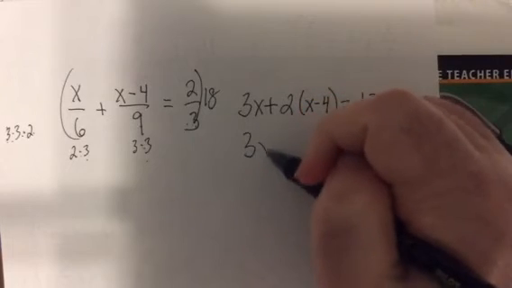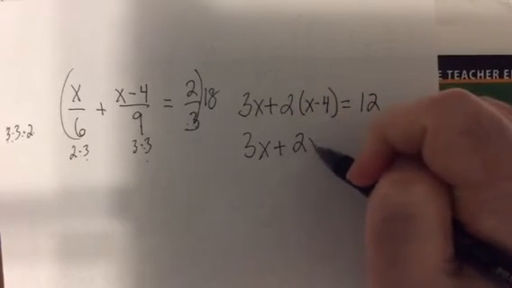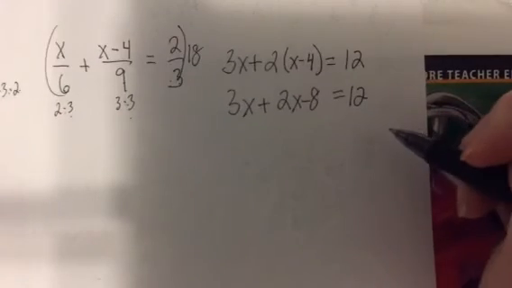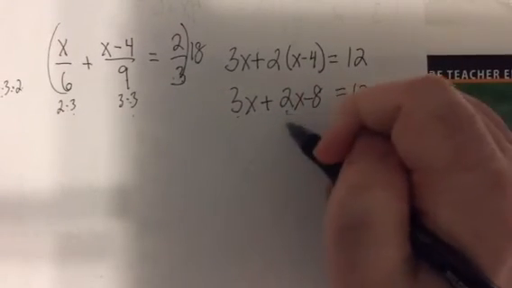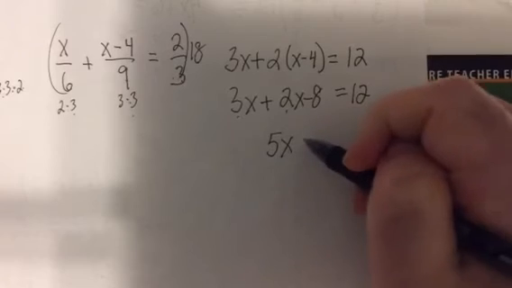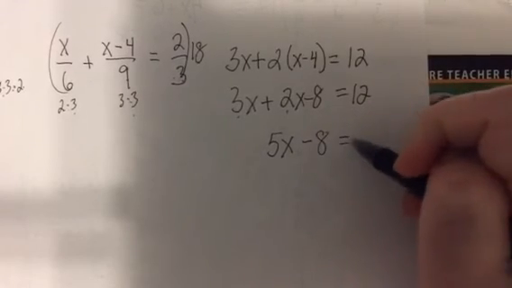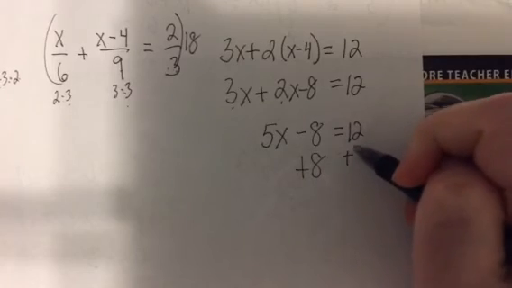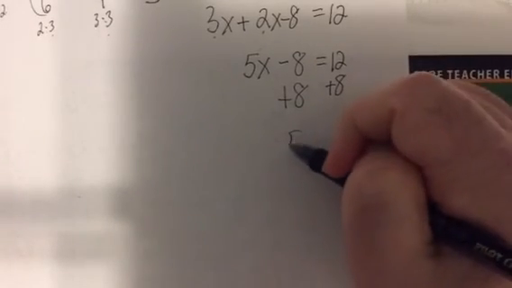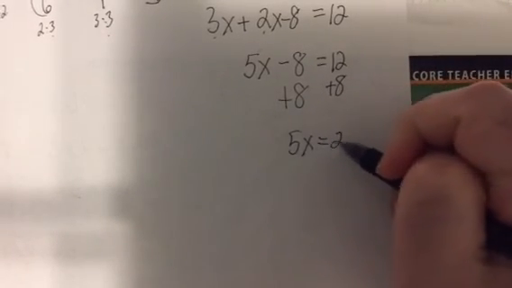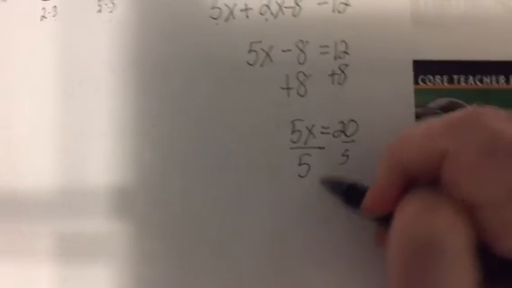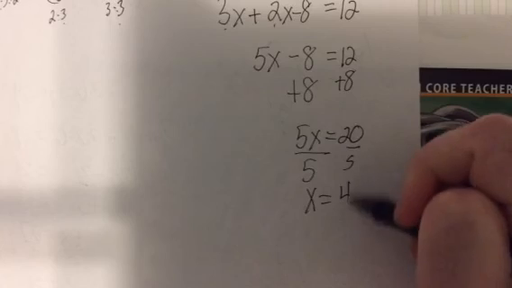So distribute the 2 is what I'm going to do. 3x, wow, I'm stuck on 5 today. So I'm going to add 8 to get the 5x by itself. So 5x equals 20. Divide both sides by 5. Ooh, x equals 4.